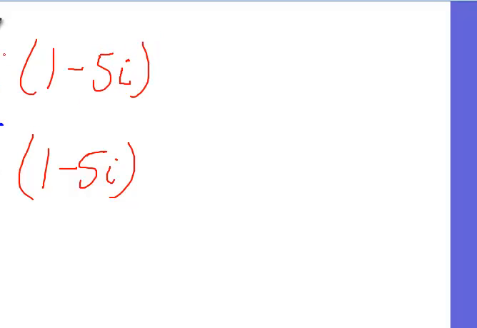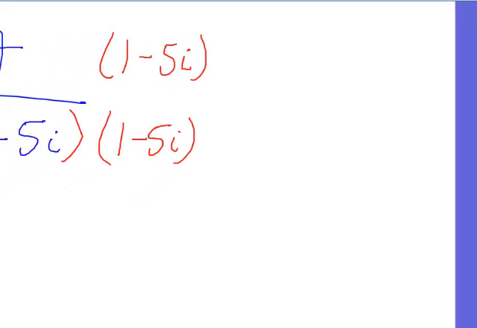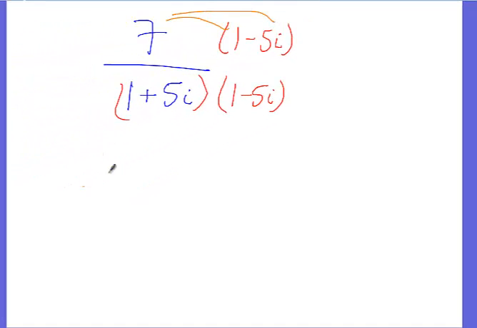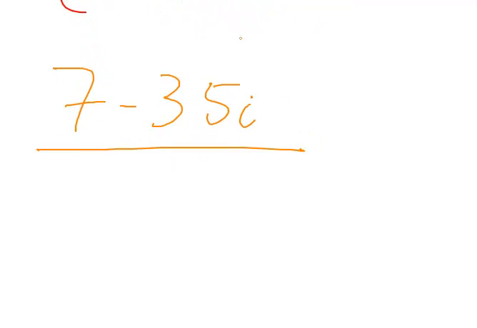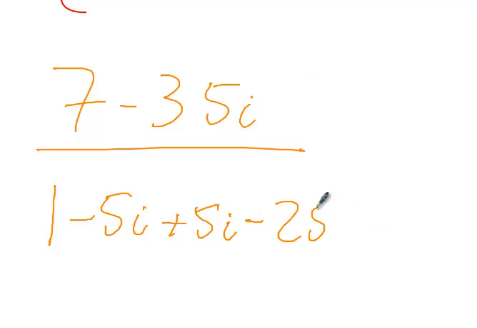Okay? So the top we're just going to distribute. So you get 7 minus 35i over 1 times 1 is 1. 1 times negative 5i is negative 5i. 5i times 1 is positive 5i. 5i times negative 5i is minus 25i squared.